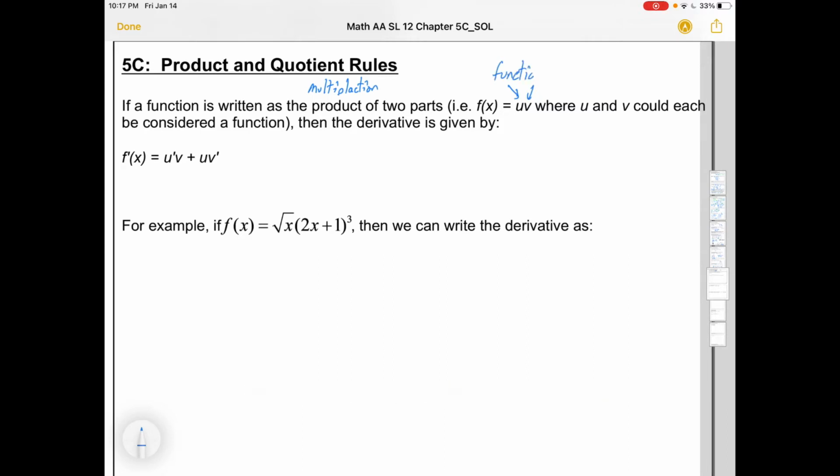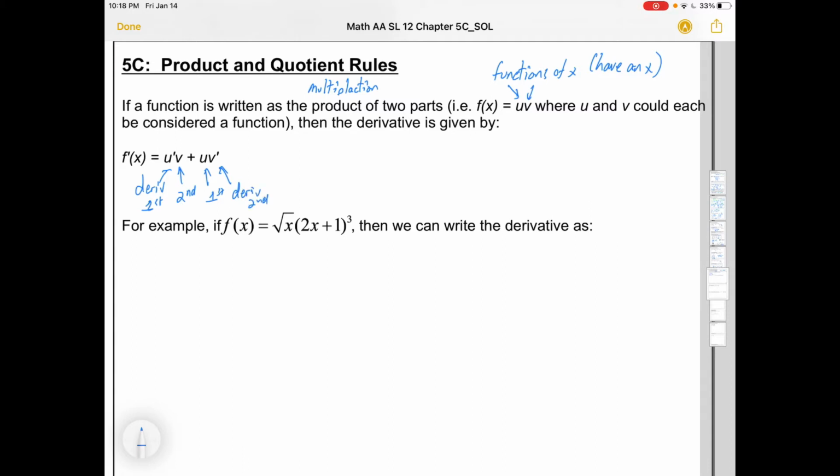They include an x. They're not just coefficients. Then the derivative is the derivative of the first part, the u, times just the regular second, plus the first times the derivative of the second.